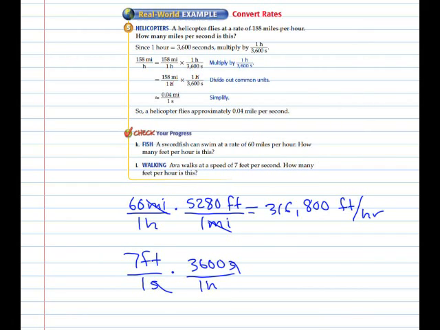I can divide out the common units, and then I take 3,600 times 7, which gives me 25,200 feet per hour.